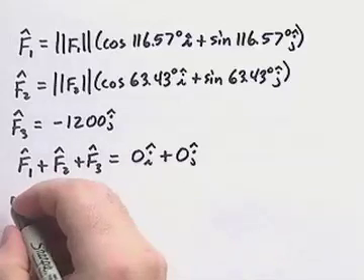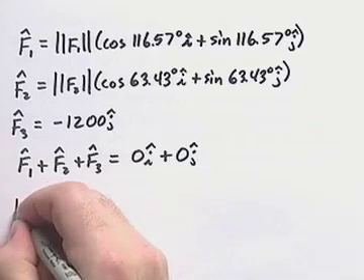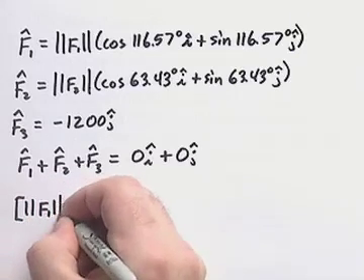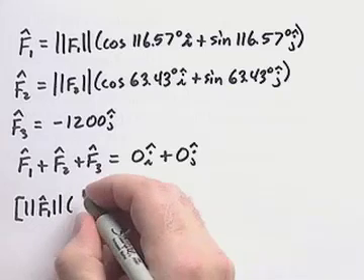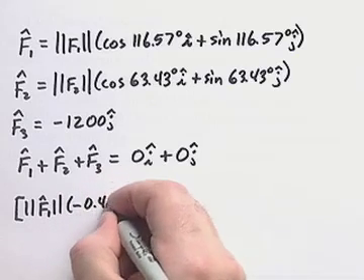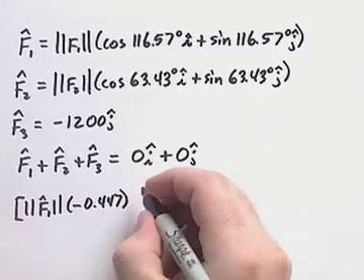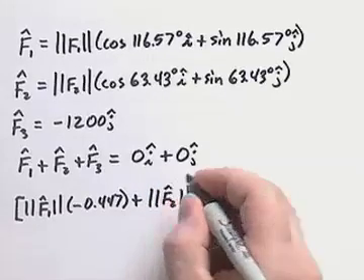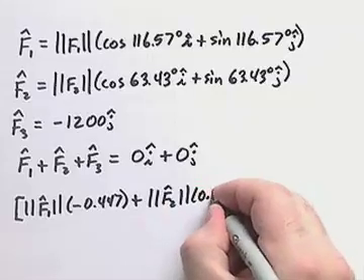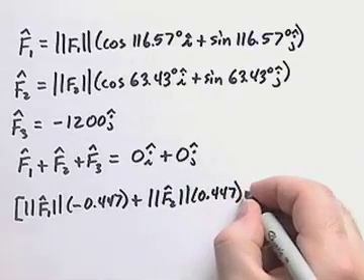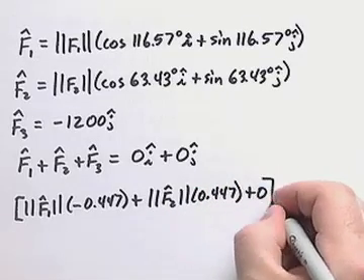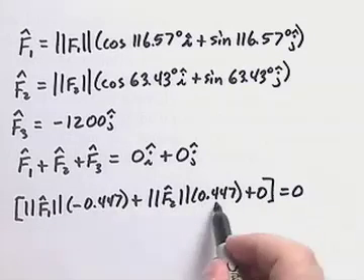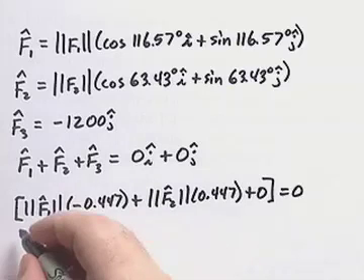This means that we'll get the magnitude of force 1 times negative 0.447 plus the magnitude of force 2 times 0.447 plus 0 must equal 0. So we're looking at the horizontal components, we're summing those up, that needs to equal 0.